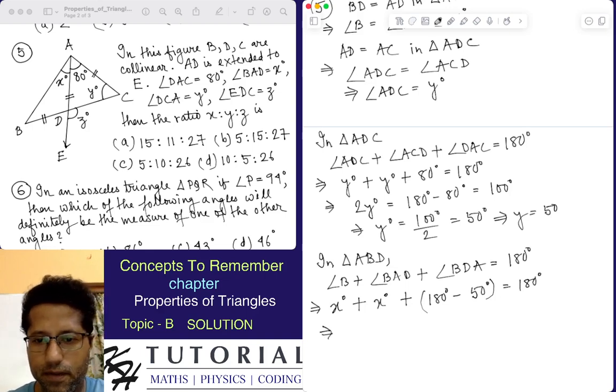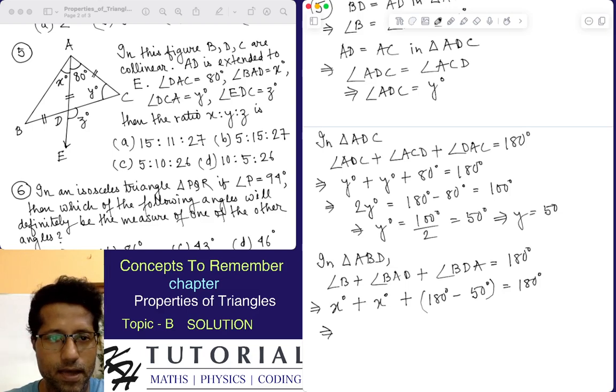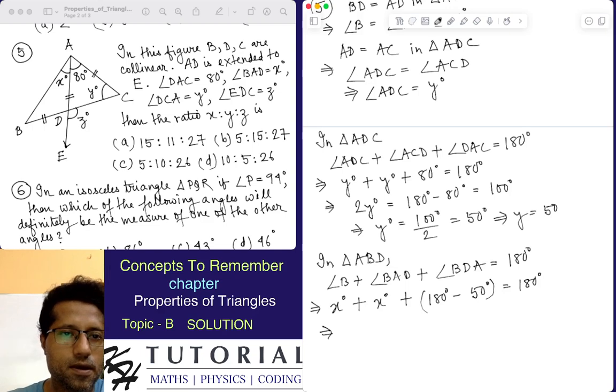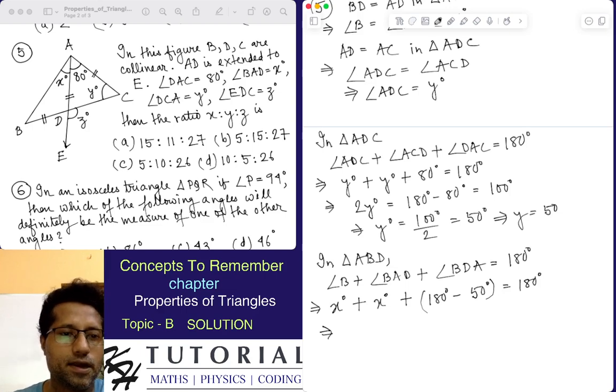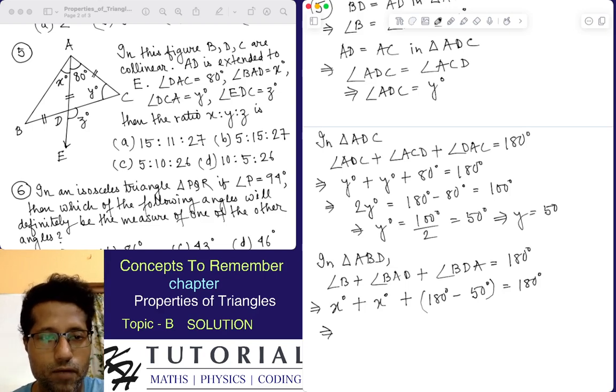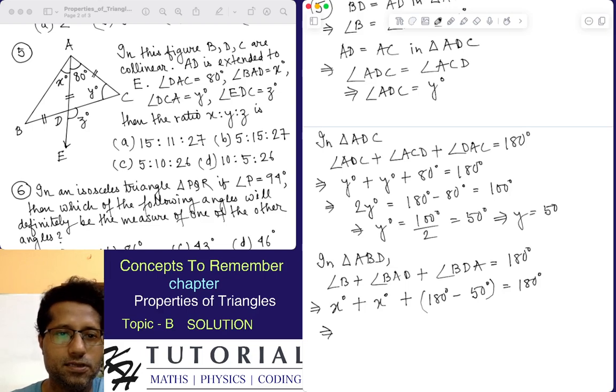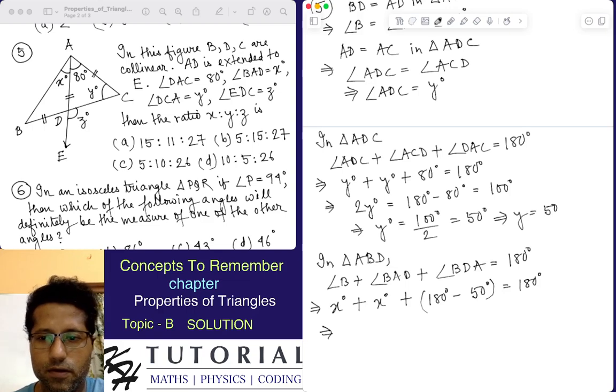I am repeating once again, angle BDA is a linear pair to angle ADC, because they lie on the same side of the line BC at the same point D. So their sum should be equal to 180 degree, and we know angle ADC is y, and y we have already found to be 50.